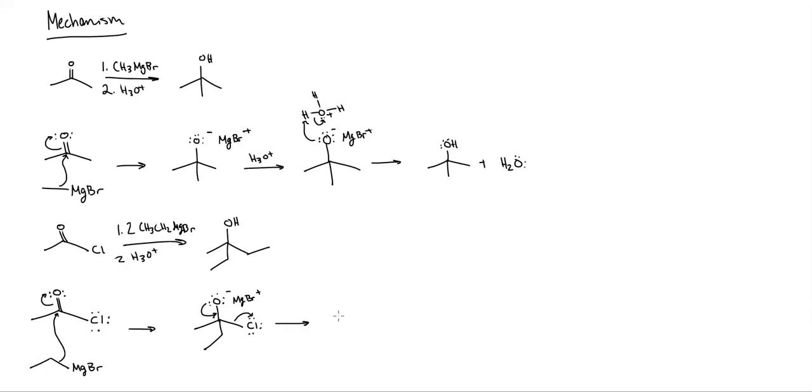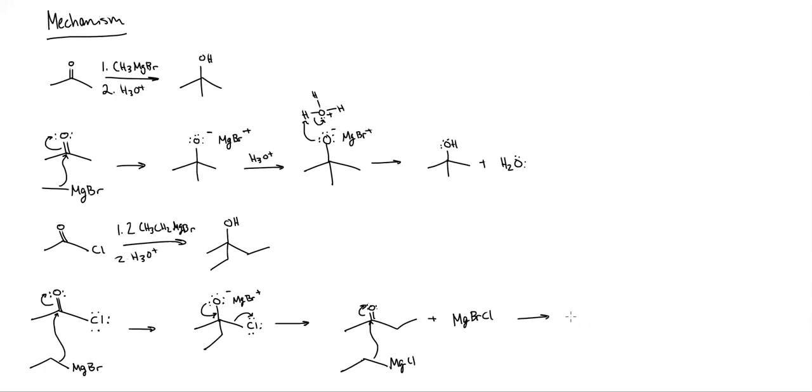So then that's going to give me this ketone. And it also gives me MgBr is going to get a Cl. So I'm going to get MgBrCl. Then I have this ketone. So now a ketone, remember, is going to get attacked by Grignards. So another Grignard is going to come in and attack this ketone.